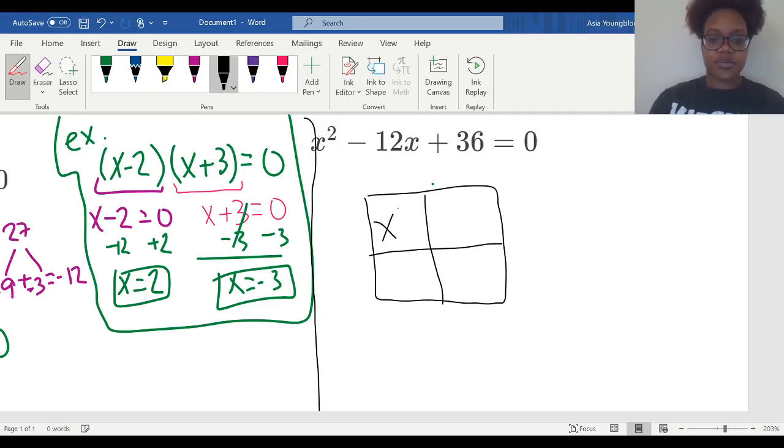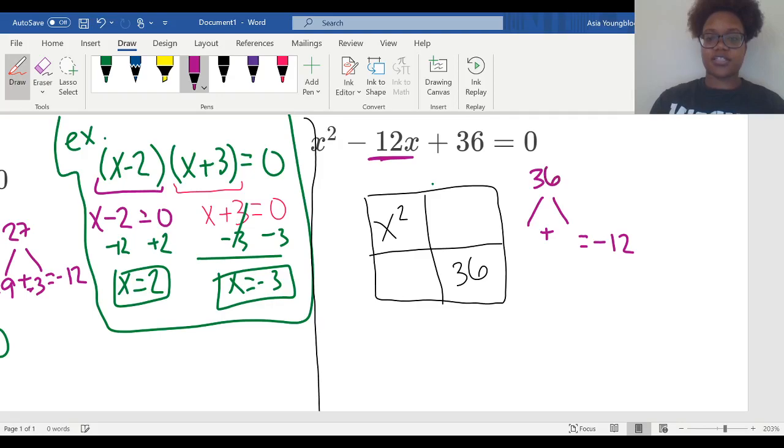So we have x squared, we have 36, and we're trying to break up this negative 12x between these two boxes. So we're looking for two numbers that will still add to that negative 12, but will multiply to get us 36. And again, that 36 comes from 1 times 36, the diagonal.